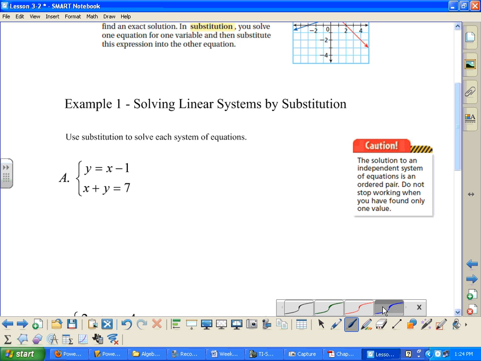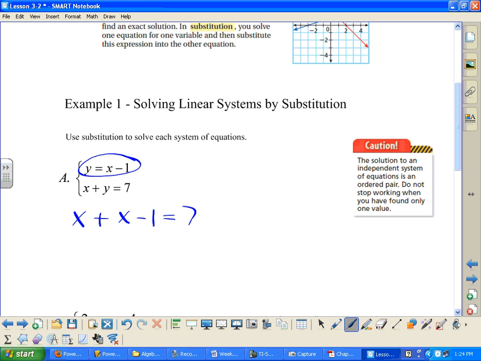One. Okay? So I can take this equation here because it says y equals x minus 1, and that means that the y and the x minus 1 are equal. They both represent the same thing. So then, down in the other equation, I can replace this y with x minus 1 and solve it.